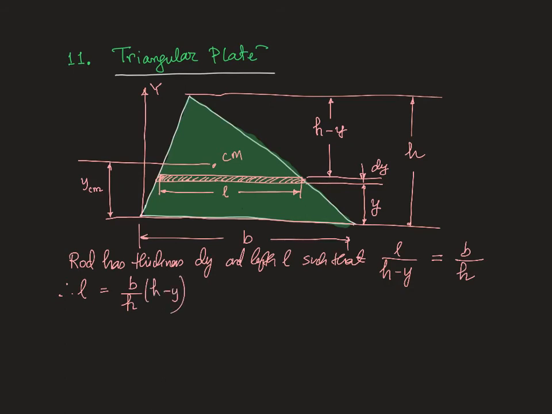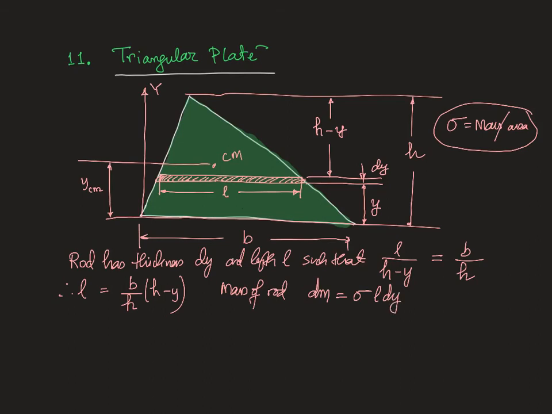Now the mass of the rod, dm, is equal to, here also it is surface mass per unit area. So sigma is mass per unit area, sigma into L into dy, right?